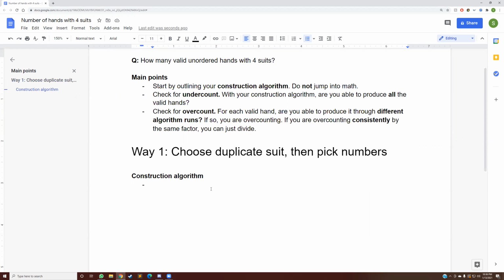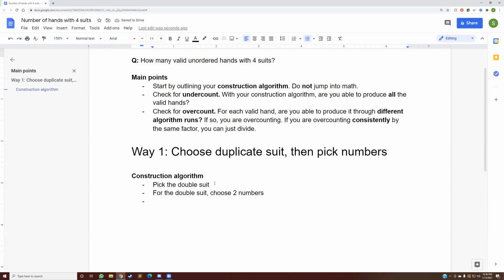So what would be a reasonable first step here? I guess we can choose the suit to double first, right? Okay, so I'll say pick the double or duplicate suit. And then we have to assign some numbers. So maybe for the double suit, choose 2 numbers.